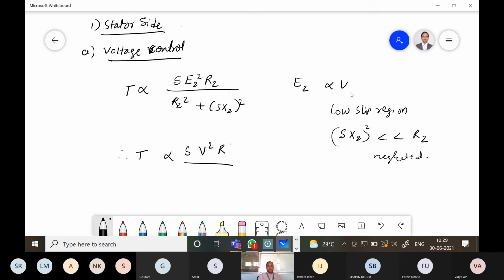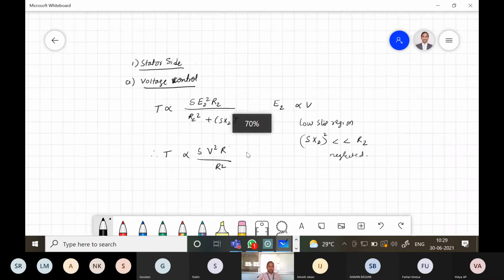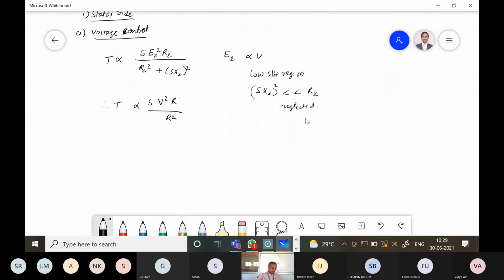In the place of E2 I will write V, and in the place of R2 divided by R2 square, the SX2 whole square will be neglected because of the low slip region. So in that case the supply voltage is reduced below the rated value as per the above equation.